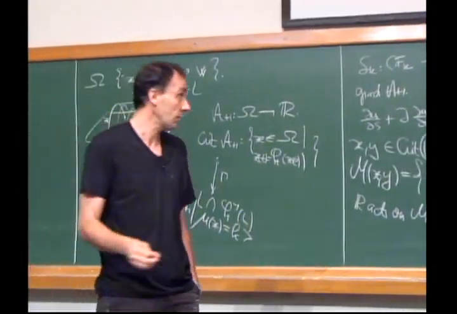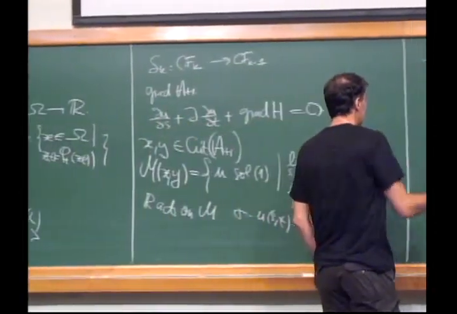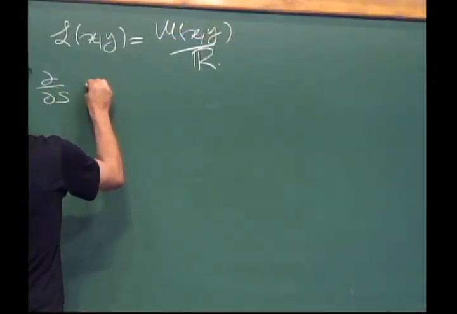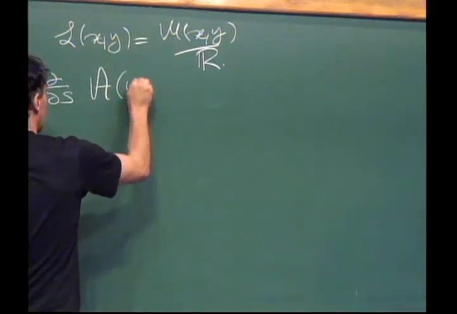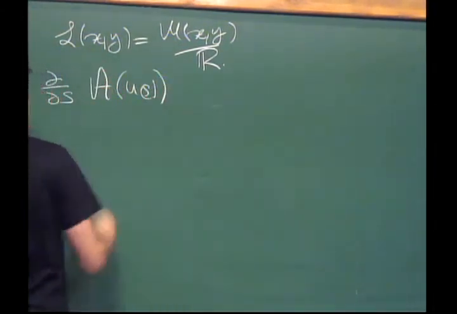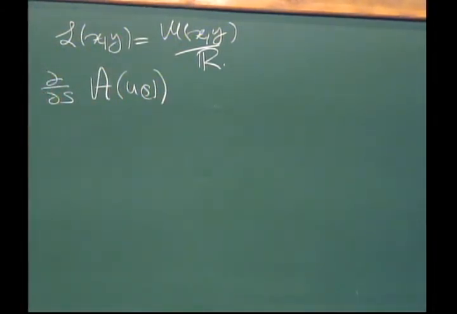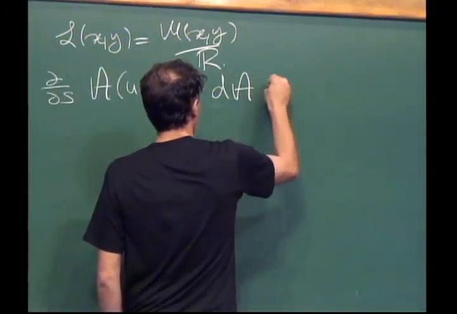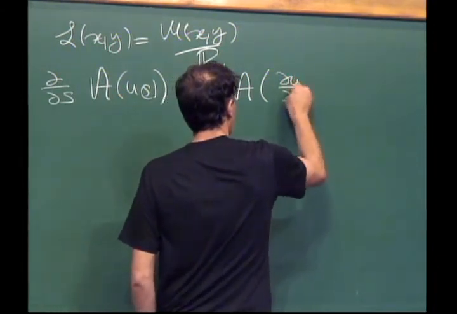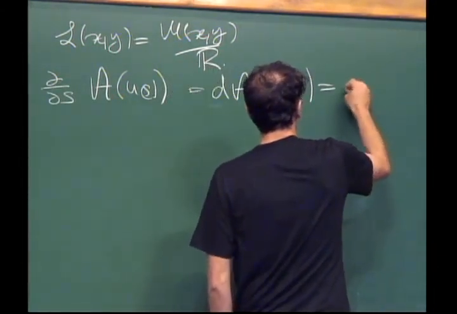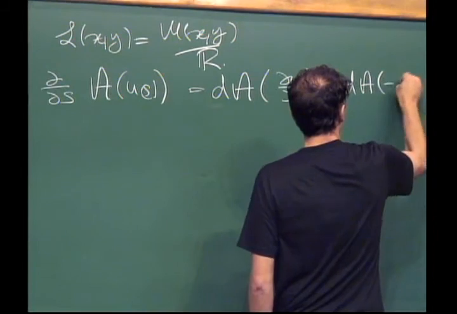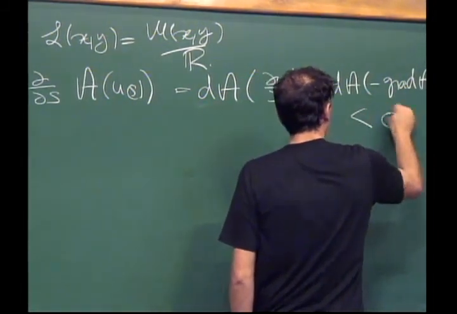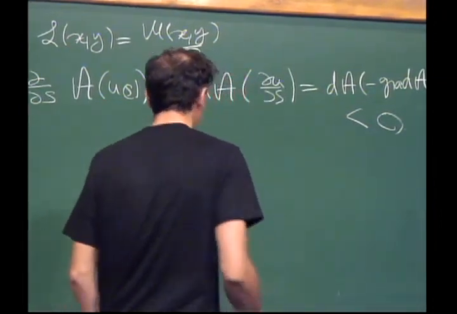right? And as in Morse theory, it's easy to see that if you just take a solution and write this expression, what you get here is dA of du/ds, which is actually dA of minus gradient A, and this is negative, except in the critical points.